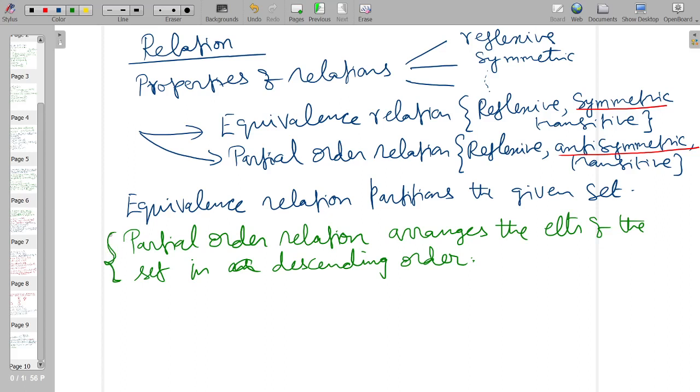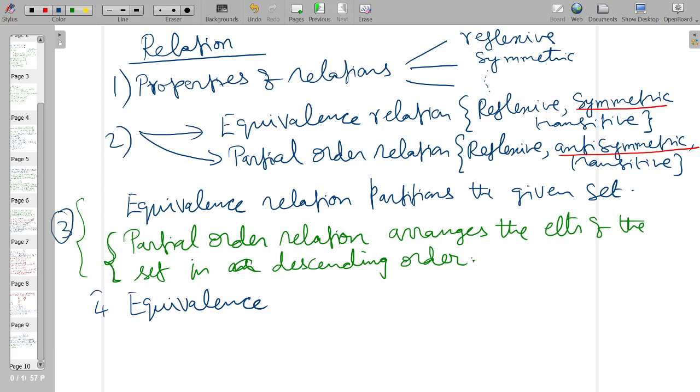So the first thing, we defined what was a relation, then we classified the relations according to the properties. Now we have given the usage of these properties, and in order to prove that an equivalence relation partitions the given set, we have defined what is an equivalence class. Okay, this will be 1, this will be 2, this part will be 3.